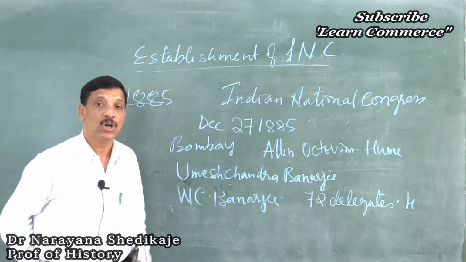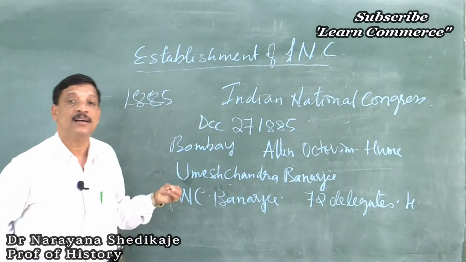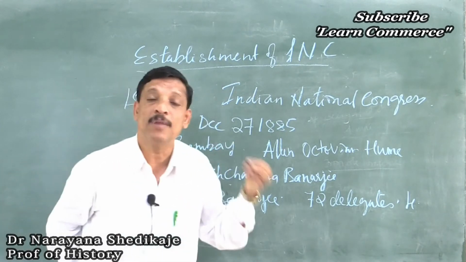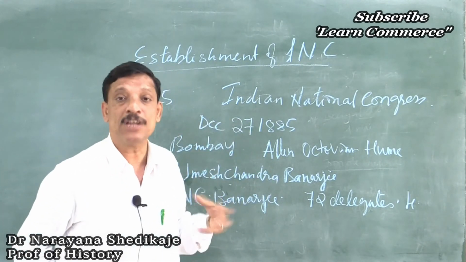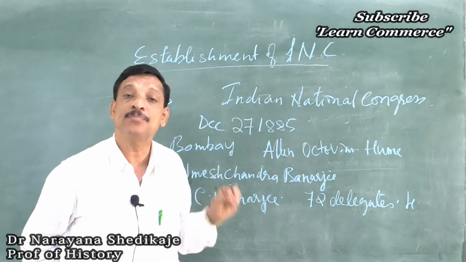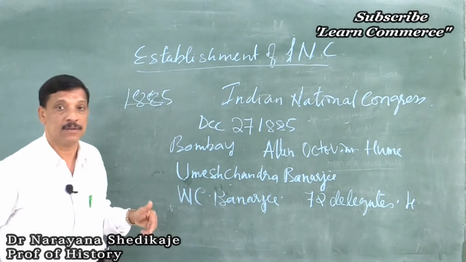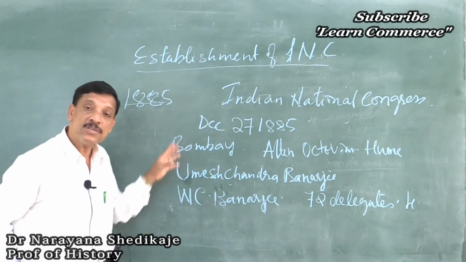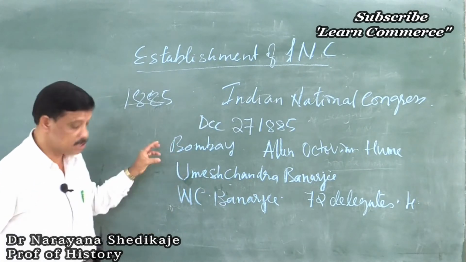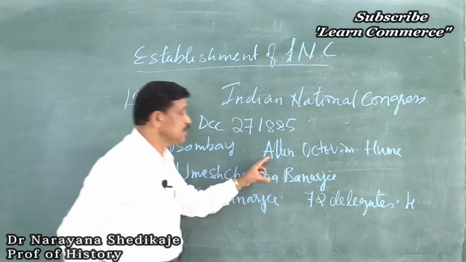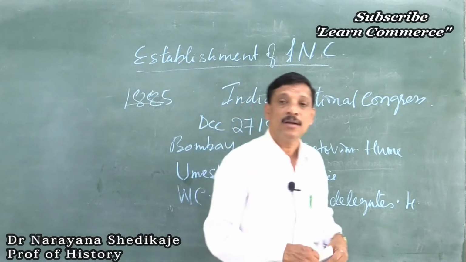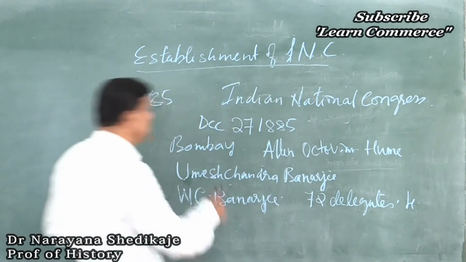By doing so, they can attract the attention of the British towards India and Indian problems, and get solutions from them. So this was the idea behind the establishment of the Indian National Congress, established, as I said, in 1885.